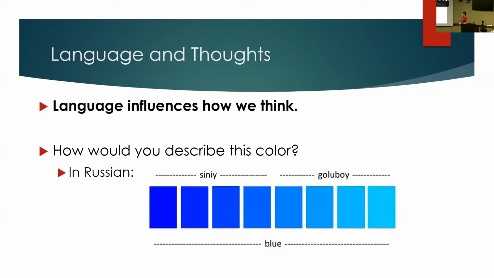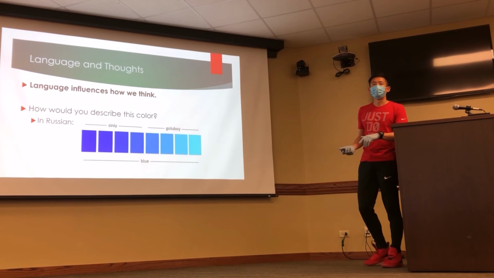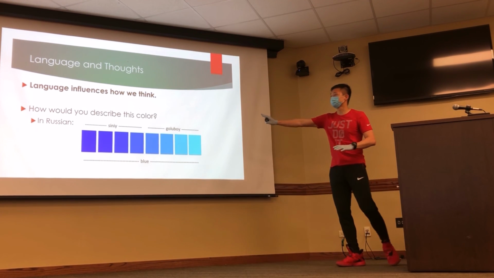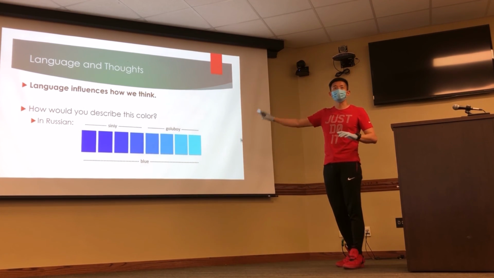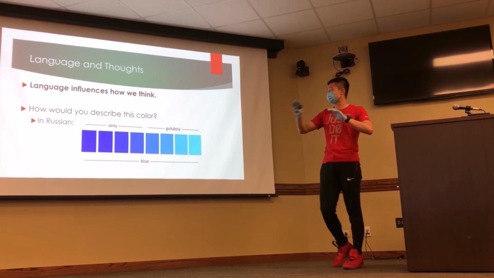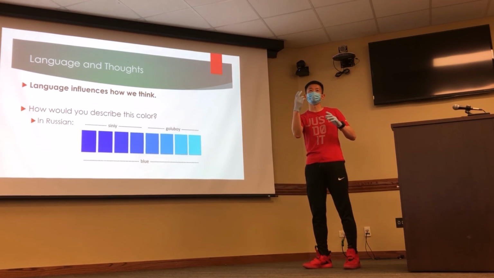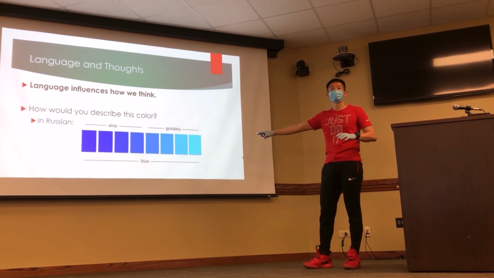They call this sini and this goluboy. And in their brain, they can distinguish that because they have to. In their culture, in their language, they have two different terms. So when they're exposed to different colors, their brain reacts to them differently. But now if I just show you blue, the same area, blue will react in your brain because your language only has one word for that.